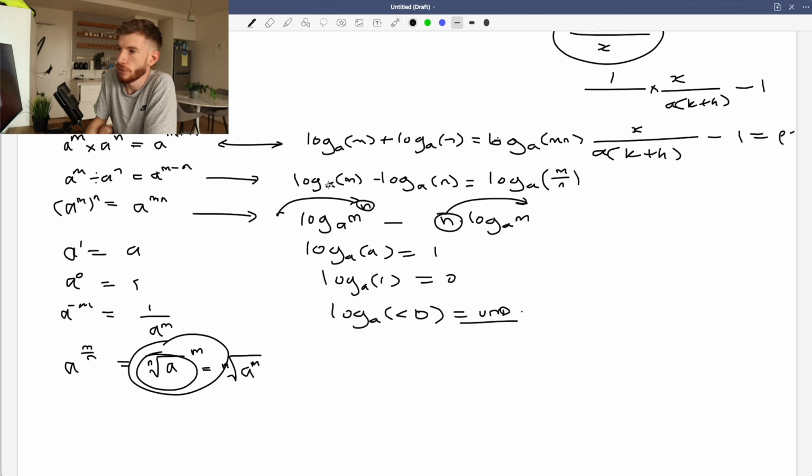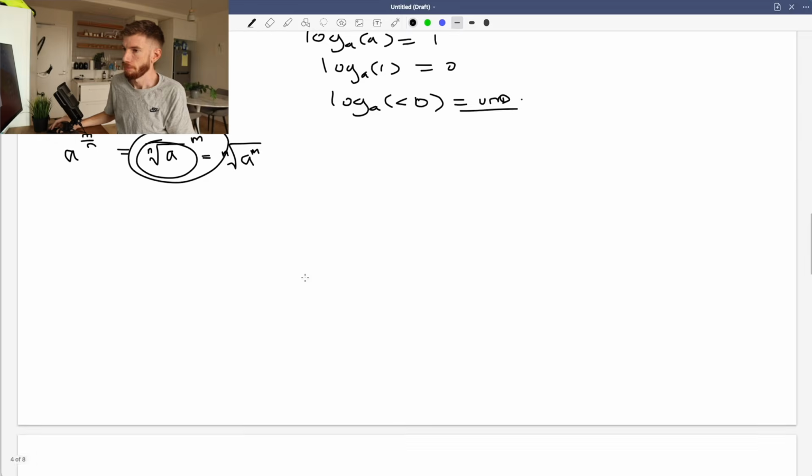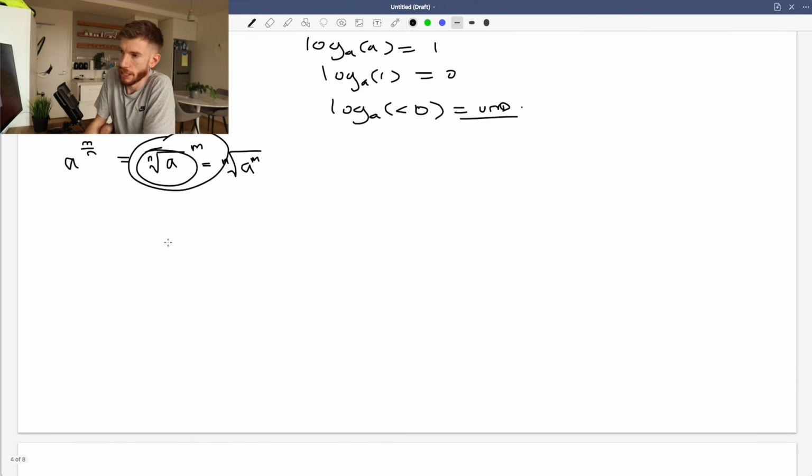We use the logs and indices probably most when it comes to radioactive decay questions and radiometric dating in biology questions for evolution based stuff, or it could be used in radiation in a physics-based question. And so they usually tell you, for example, the natural log value of 2.